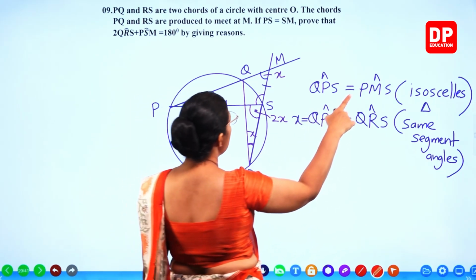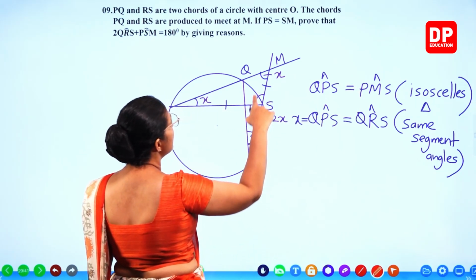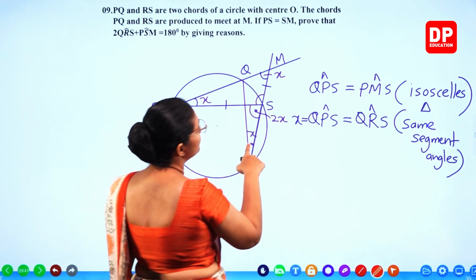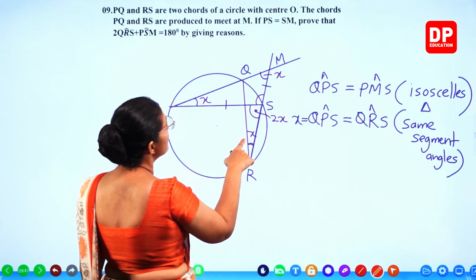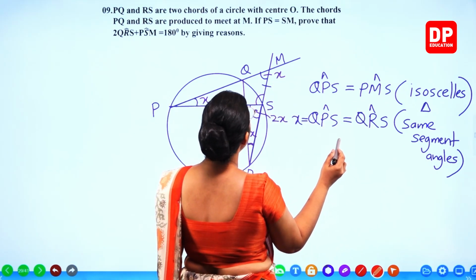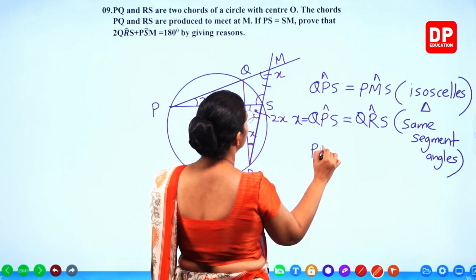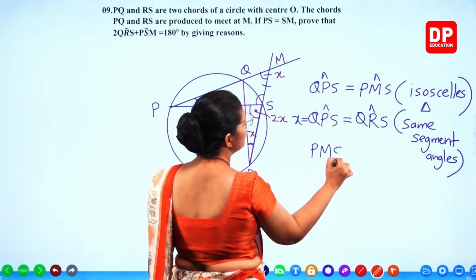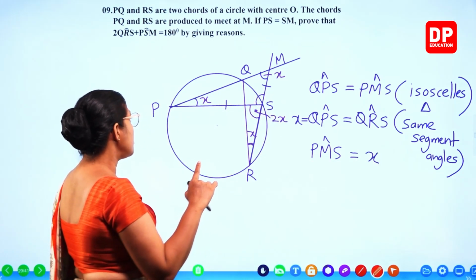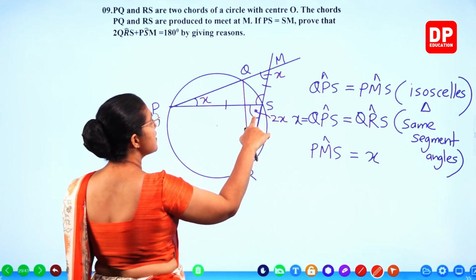Therefore, we can say these two angles are equal. This is X, so this is also X. So PMS angle is also X. Then according to the triangle, this is the exterior angle.